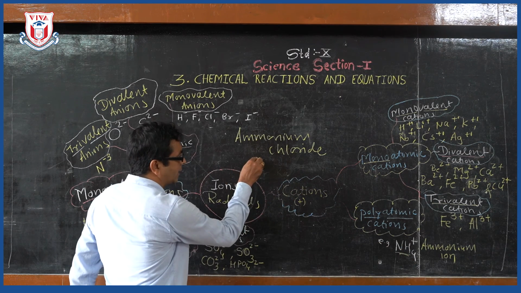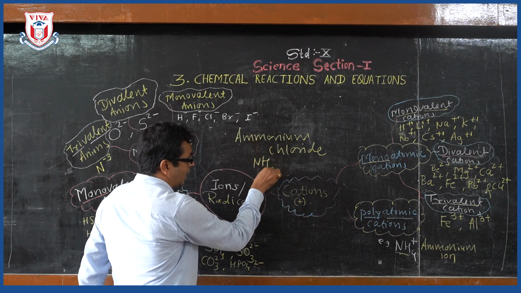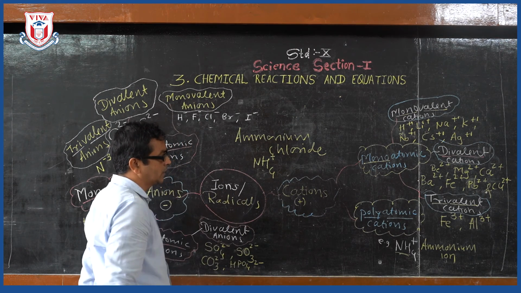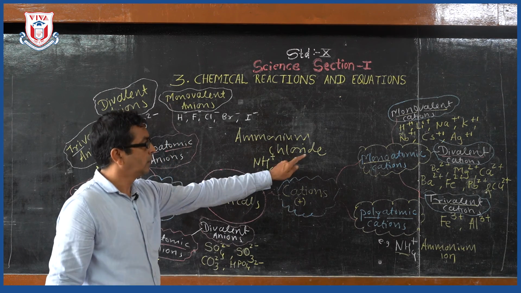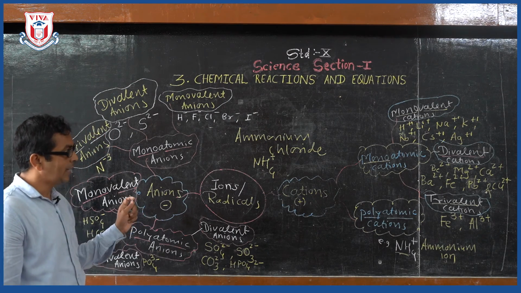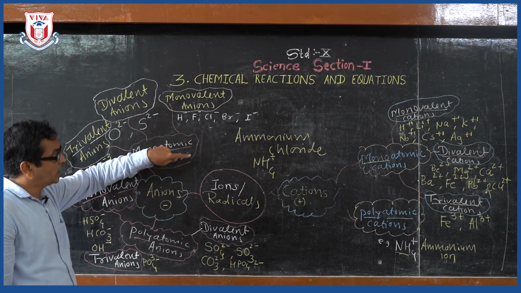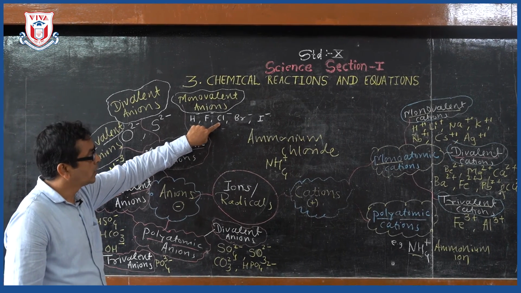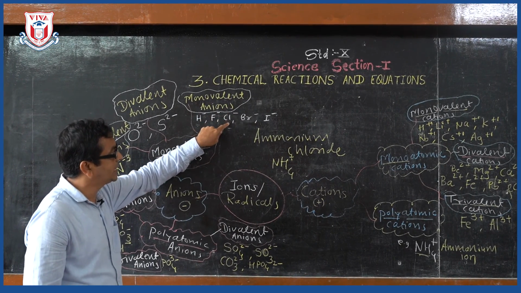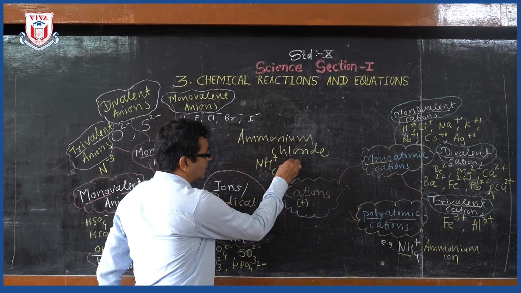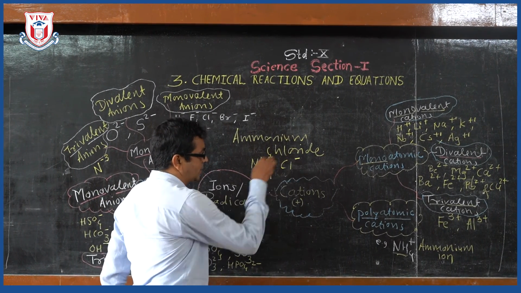Okay. So I'll write here NH4 plus. Chloride is an anion and it is a monovalent ion, so it is present over here. So the symbol for chloride ion is Cl minus.